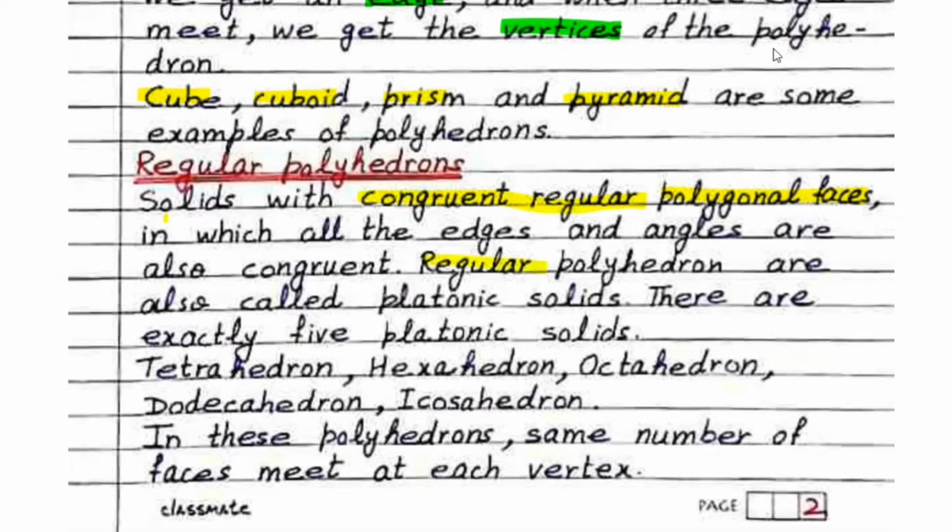A regular polyhedron is also called a Platonic solid, right? There are exactly 5 Platonic solids. That is tetrahedron, hexahedron, octahedron, dodecahedron, and icosahedron, right? In these polyhedrons, the same number of faces meet at each vertex. I hope you all have understood this now.